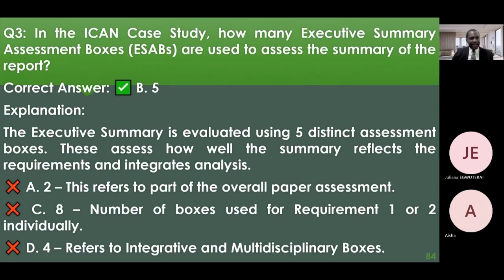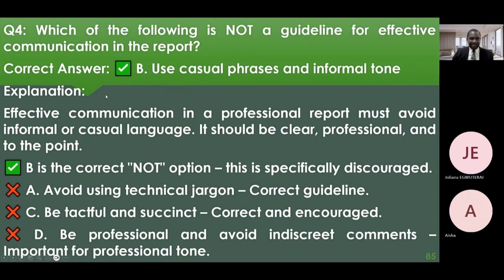Number 3, in the ICAN case study, how many executive summary assessment boxes are used to assess the summary of the report? B, 5. Explanation: the executive summary is evaluated using 5 distinct assessment boxes. This assesses how well the summary reflects the requirements and integrates analysis. They both got it. Hey, these people are serious today.